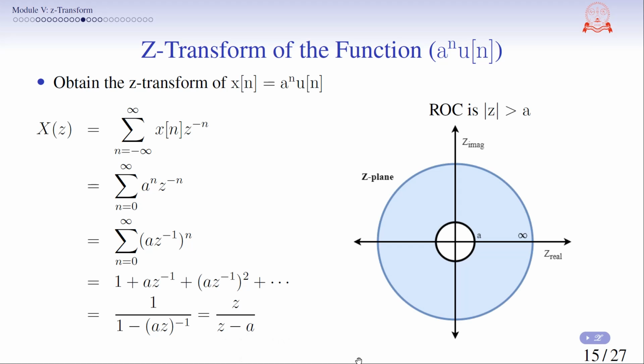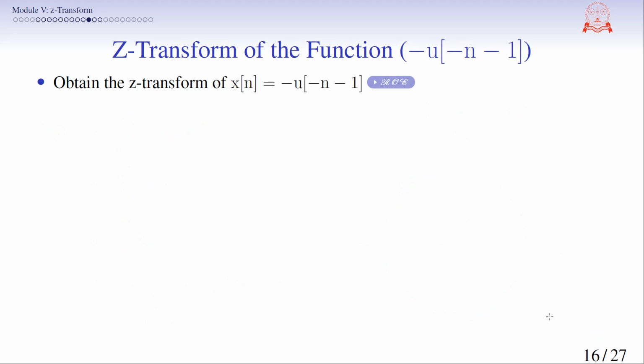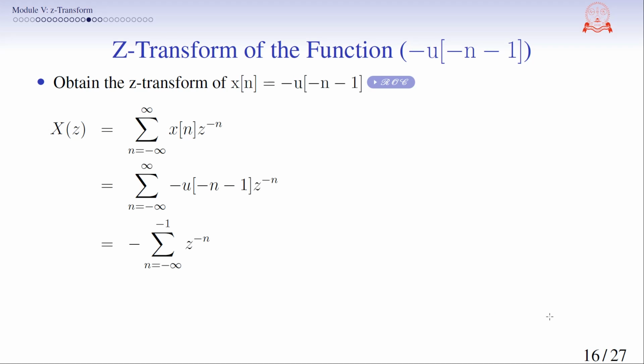And the ROC will be mod z greater than a, since it is a causal sequence, and it also includes the infinite value. This has been explained.